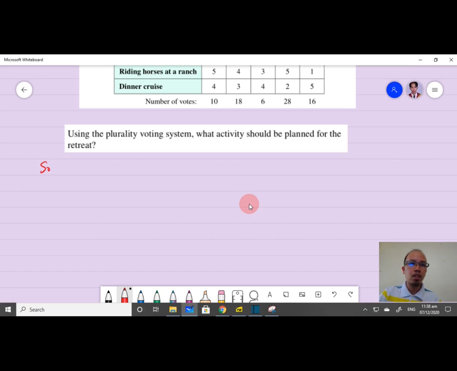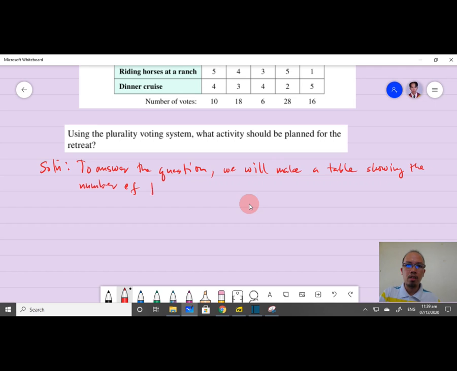To answer the question, we will make a table showing the number of first place votes for each recreation.